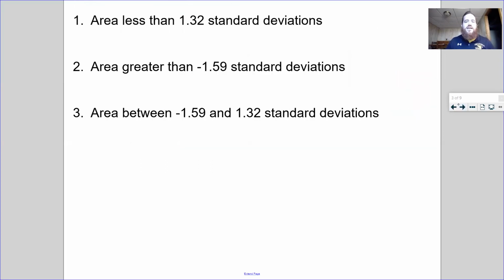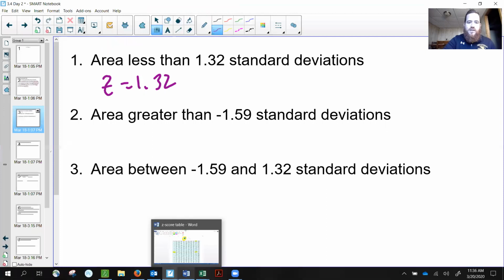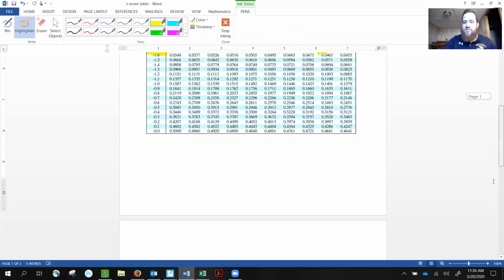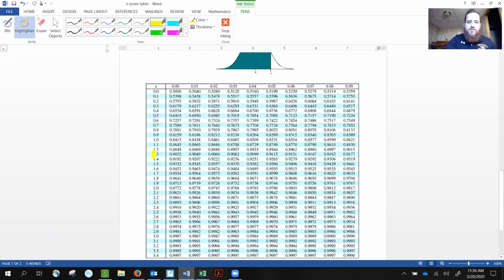The area less than 1.32 standard deviations. So the z-score is 1.32. So we go back and we look at our table for 1.32. So again, using my highlighter, this is the negative side. I have a positive 1.32, so I need to go to the positive side. So I find 1.3, I find 0.02.